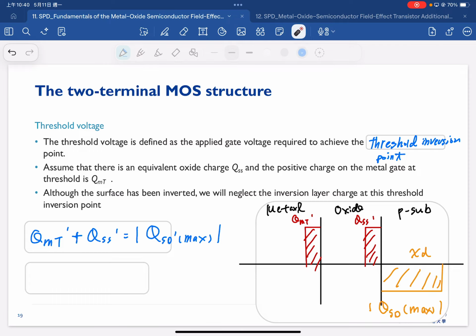The charge here is very easy to estimate if you remember how we did it in the p-n junction: just this width times the concentration here. So QSD prime max is equal to NA times xdT.